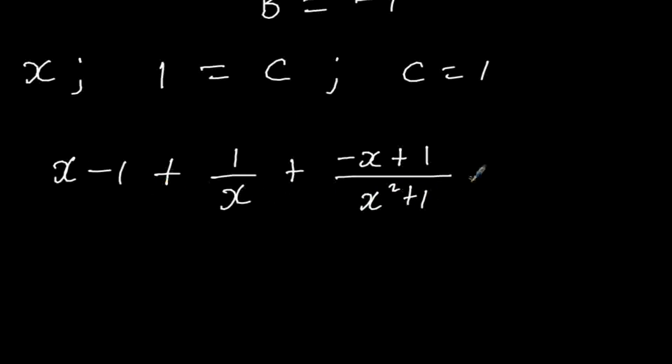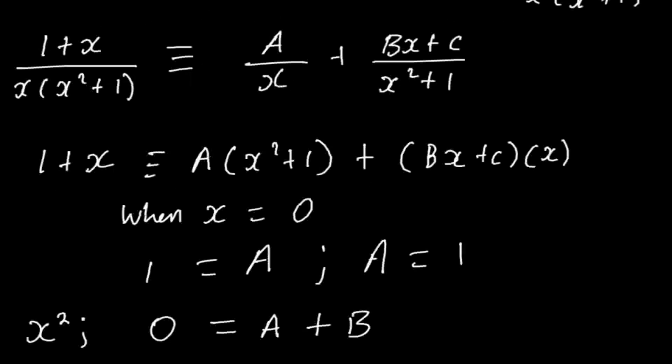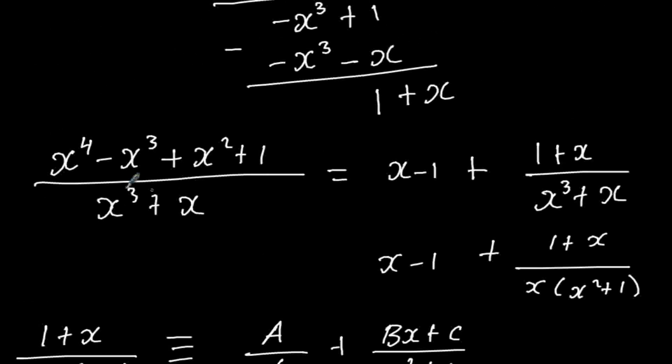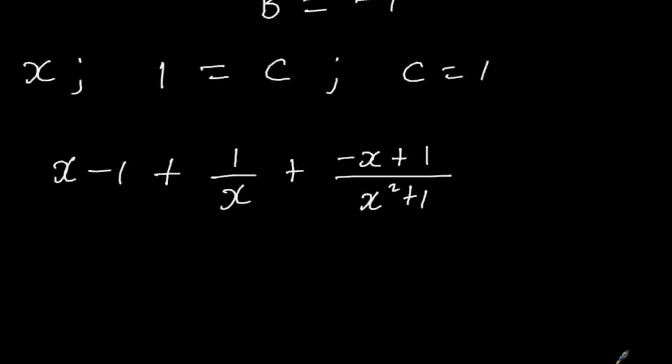So this is what we are going to integrate. This single fraction, we've separated it to get these. So we are going to integrate these separately. The integral of all of this with respect to x.